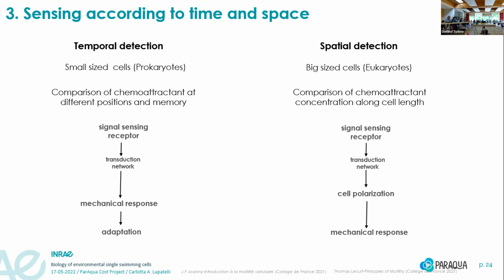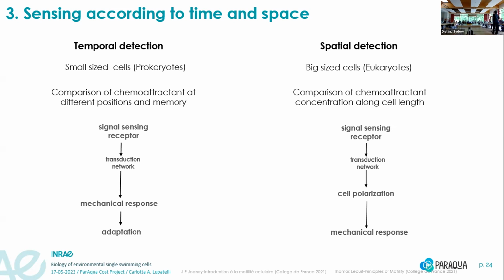Spatial detection, on the opposite, is more related to big size cells, so let's say eukaryotes. In this case, we again have the sensing of a particular stimulus through receptors, in this case different receptors localized in different parts of the cell, because we have a bigger cell.